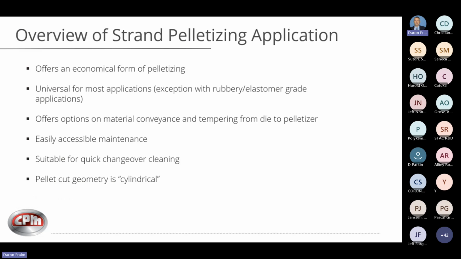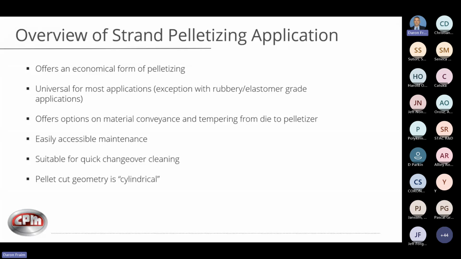One thing about strand pelletizing is it is your more economical way of pelletizing materials off of a twin screw. It's fairly universal for most product applications, where it struggles a little with your rubbery or more elastomer type grade materials. And as I mentioned, there's several options on the way the material can be conveyed from the die and tempered toward the pelletizer.